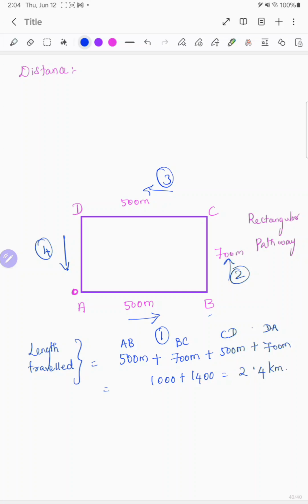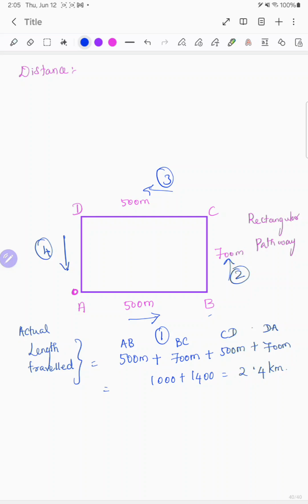This is the actual length, that is the distance you have covered, starting from position A and completing your walking at the same spot. So what is the distance? But I am not mentioning the direction you have traveled. You can travel either way, from A to B or from A to D. Any direction you can travel, but the length you have covered is the distance traveled.